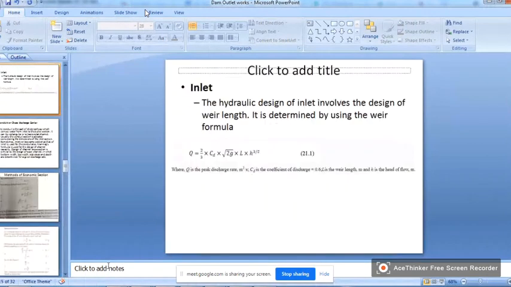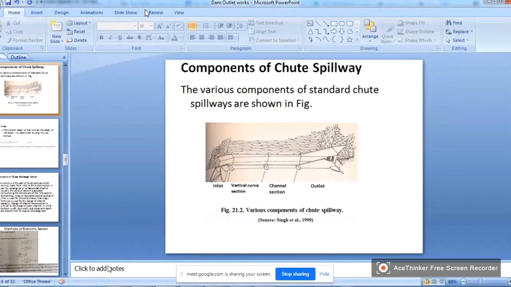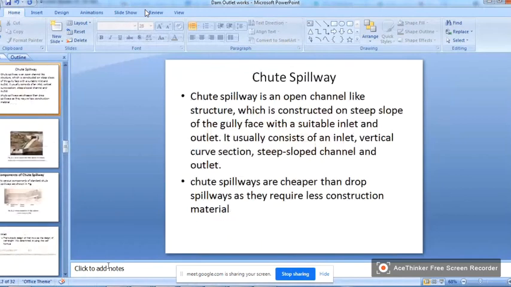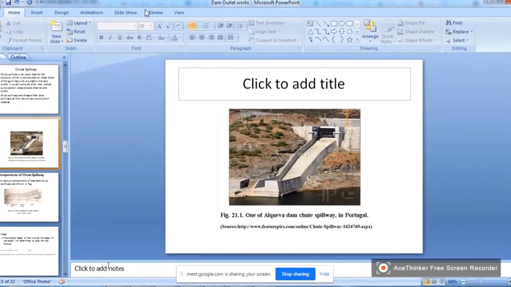Next is the chute spillway. When there is no space to construct a spillway in the body of the dam, or when there is an earthen embankment and you cannot construct a spillway in between, then you have to construct a spillway away from the body of the dam.